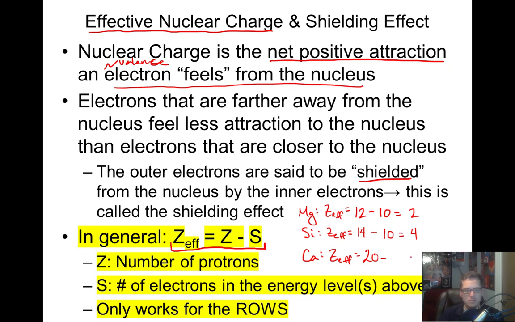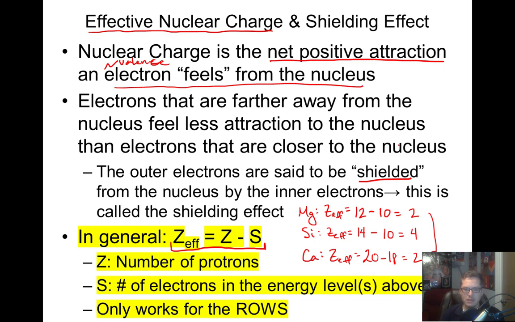The noble gas is argon, which is 18, so we go 20 minus 18, so the Z effective for calcium is 2. Now notice that calcium and magnesium would then have the same exact Z effective. Now that's not actually true. Z effective actually decreases as you go down farther because there are more shielding electrons.